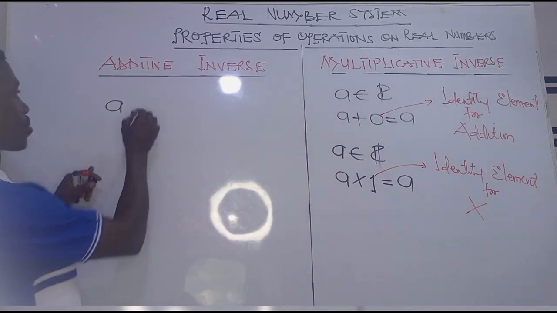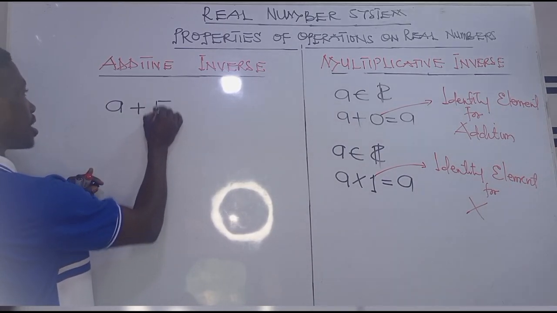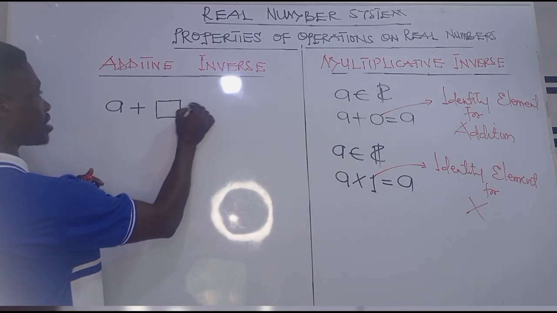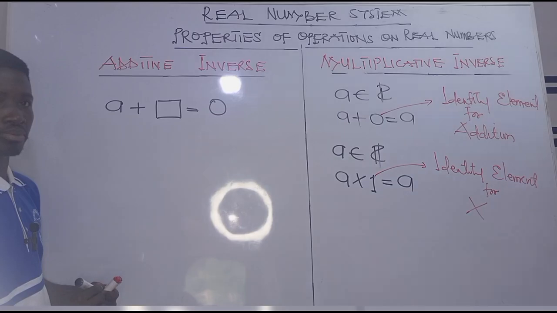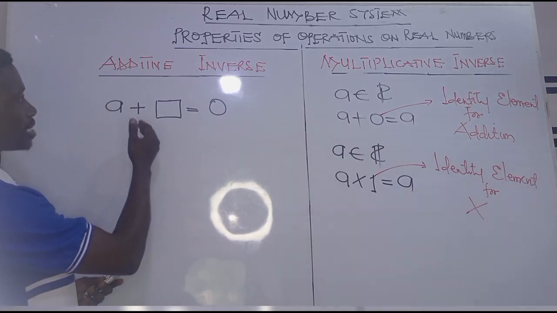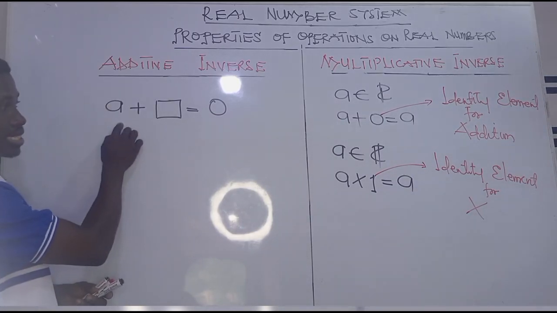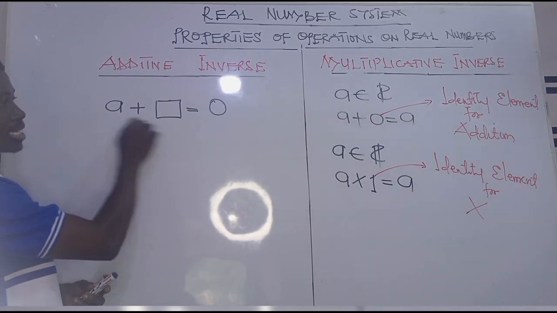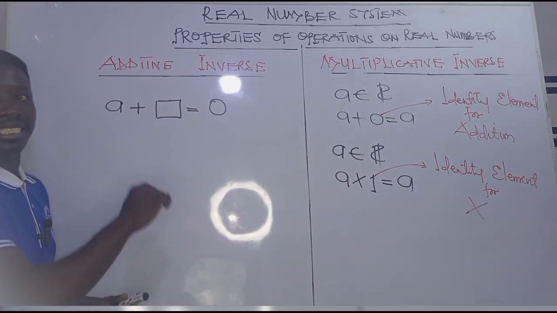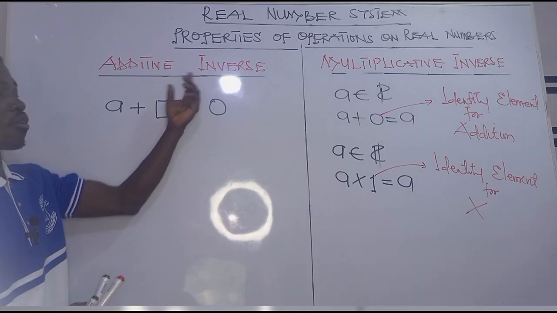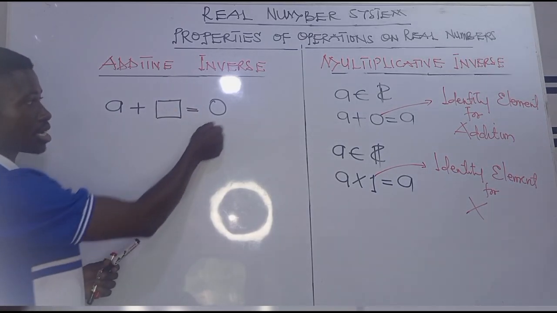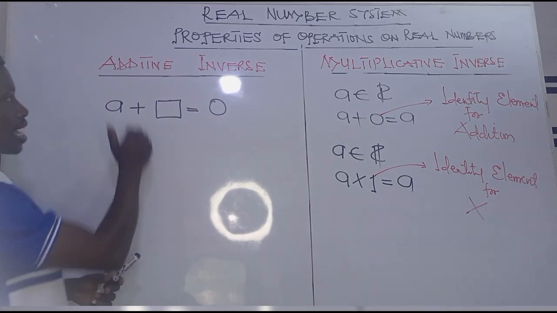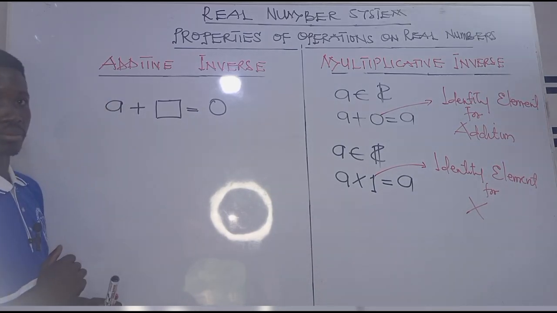Now, the additive inverse of a number A is that number that when we add it to A gives us the identity element for addition. And we know that the identity element for addition is 0. That is the additive inverse property.